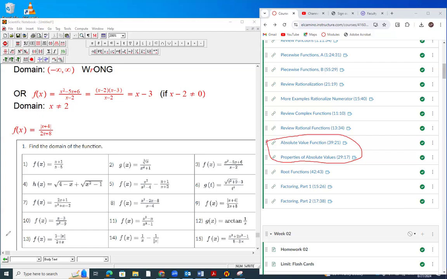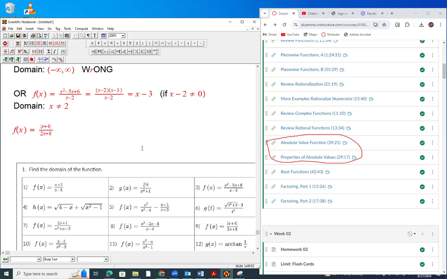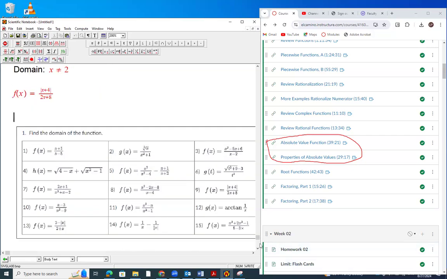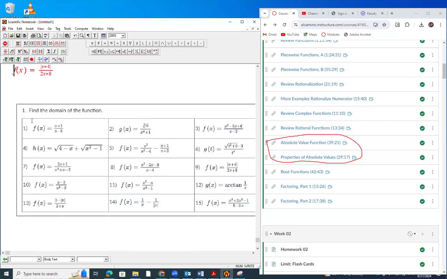Okay. So with that, in this number 9 case, you really don't have too much to worry about, because the numerator absolute value domain is all real numbers. But all we have to do is set up 2x plus 8 not equal to 0. And you solve it. Okay, you get 2x not equal to -8.